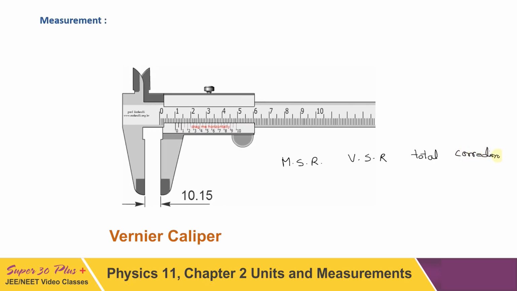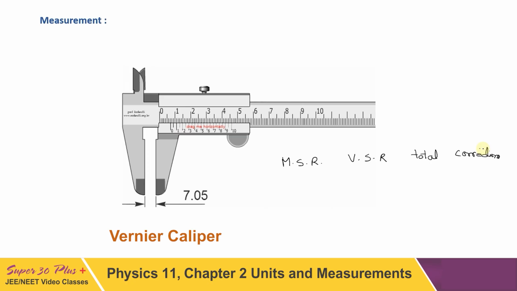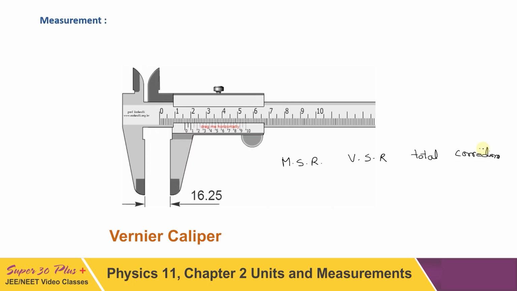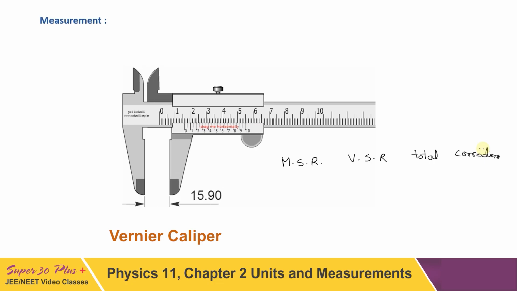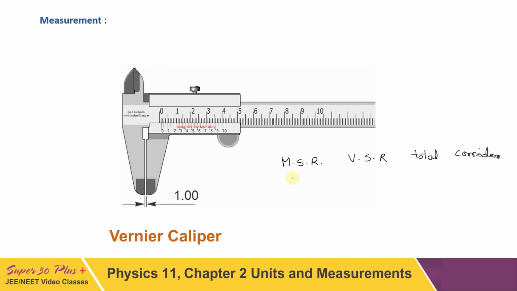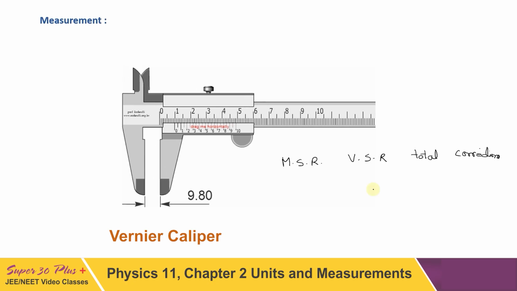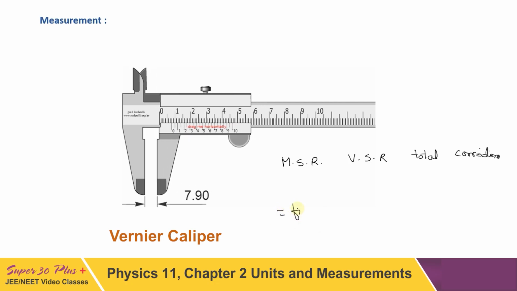So these are the steps we have to follow while taking measurement with the help of a vernier scale. First its least count is to be determined, then zero error is to be determined. After that, measurement is to be made with main scale reading, vernier scale reading, addition of these two, and at the end correction is to be done to get the final result.